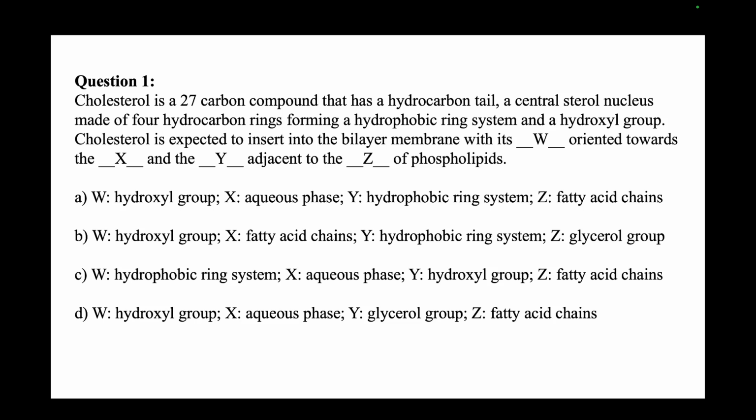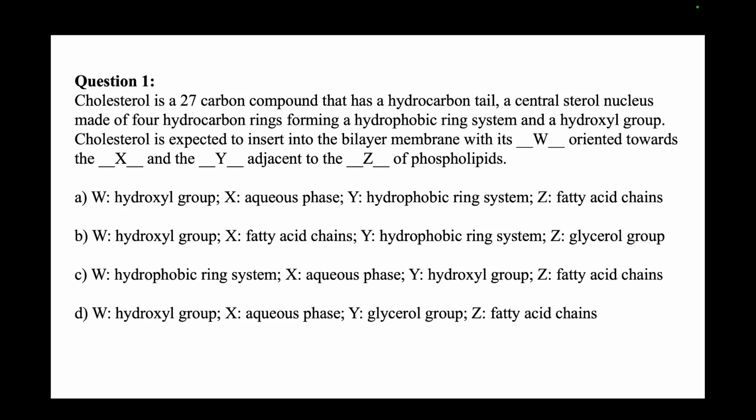Option A, hydroxyl group is oriented towards the aqueous phase and the hydrophobic ring system is oriented adjacent to the fatty acid chains. Option B is hydroxyl group is oriented towards the fatty acid chains and hydrophobic ring system is adjacent to the glycerol group.